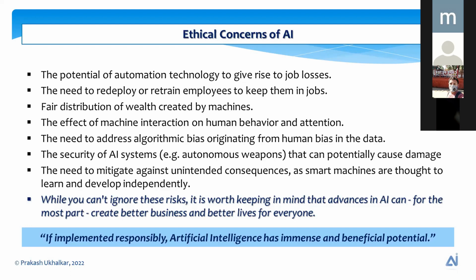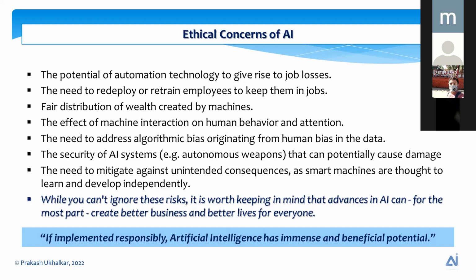The security of AI systems: as mentioned before, an agreement was signed that nobody will develop and sell the autonomous weapons that we see in sci-fi movies, right? Then the need to mitigate against unintended consequences of AI-based technologies like smart machines. You might have seen it in the Transformers movie series, right? There are many other sci-fi movies also. What could be the unintended consequences of some of the AI-based technologies?